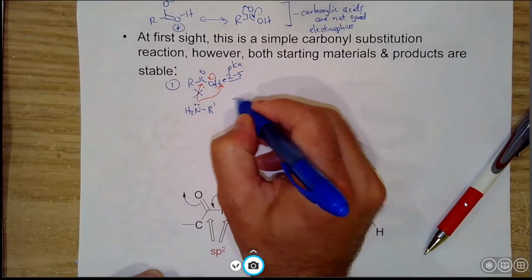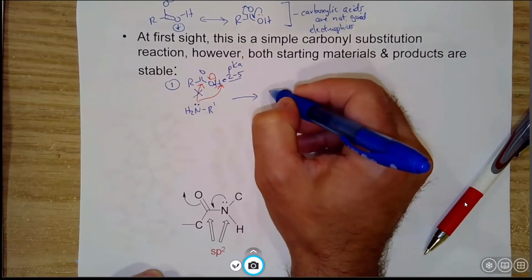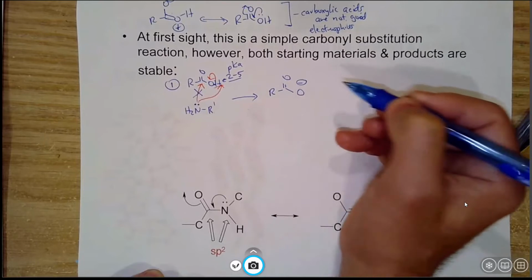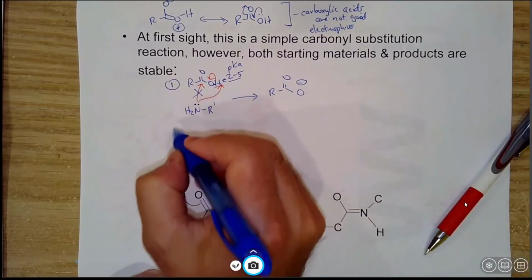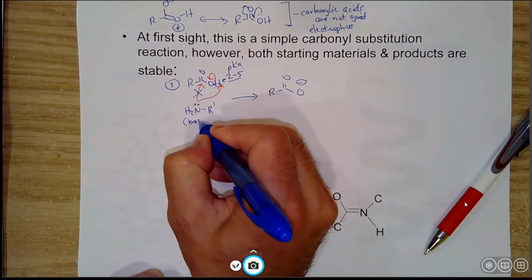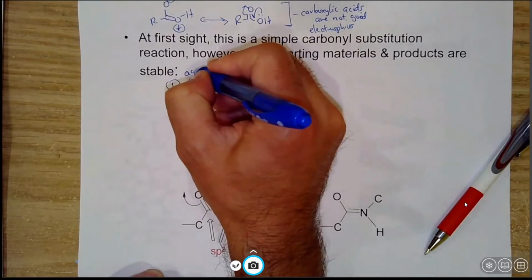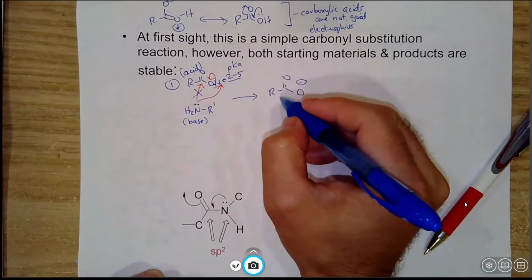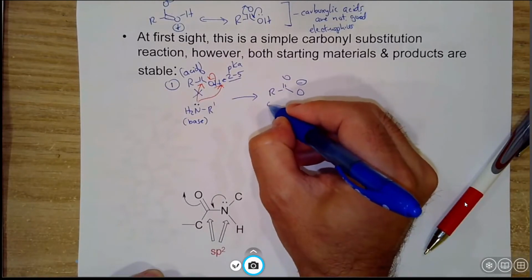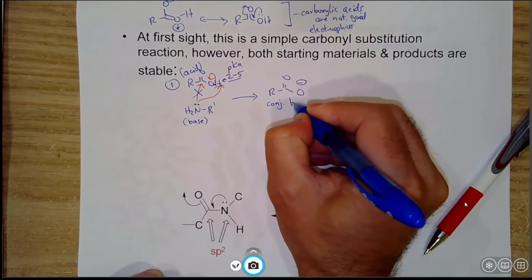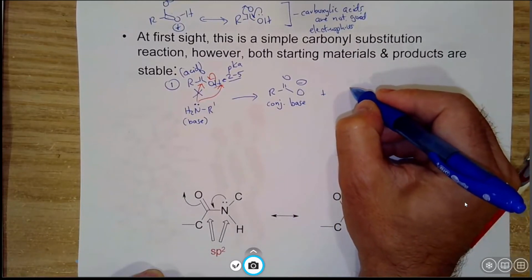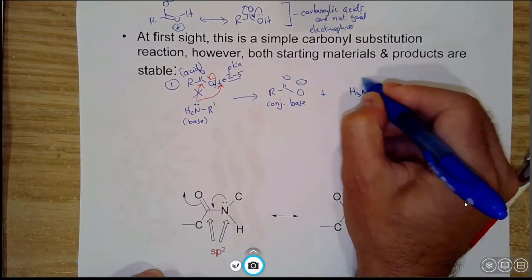So in fact, the more likely reaction is simple acid-base chemistry. You take your base and your acid, and instead of doing the condensation reaction, you do acid-base chemistry. What you're left with is the conjugate base plus the conjugate acid.